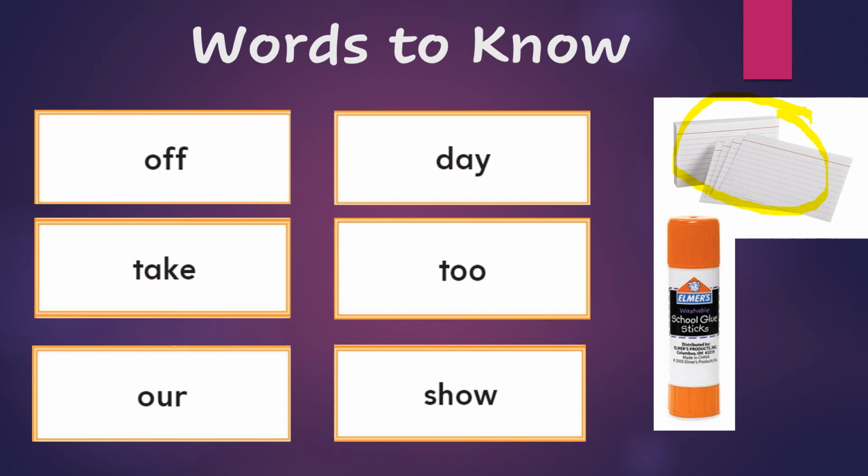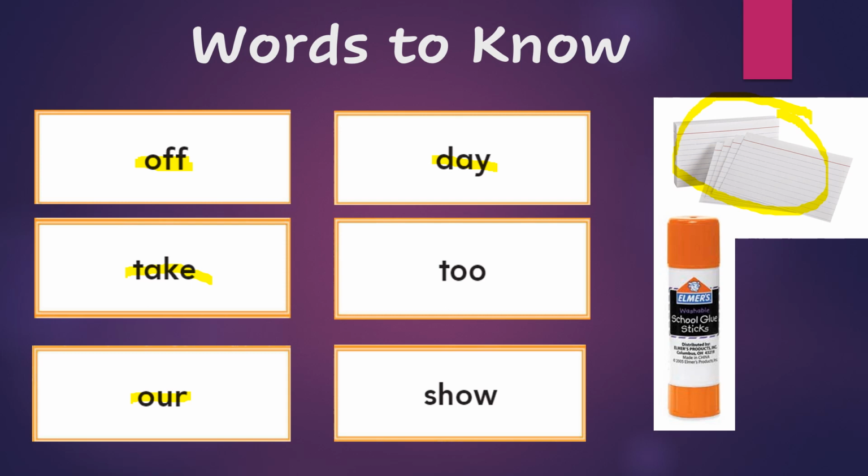Our first word is off, O-F-F, off. Our next word is take, T-A-K-E, take. Third is hour, O-U-R, hour. Our fourth word is day, D-A-Y, day.